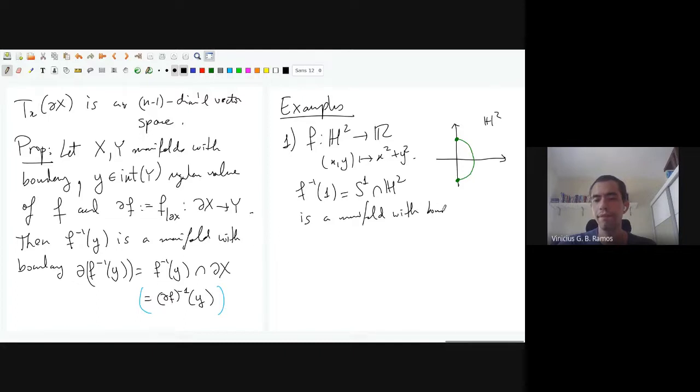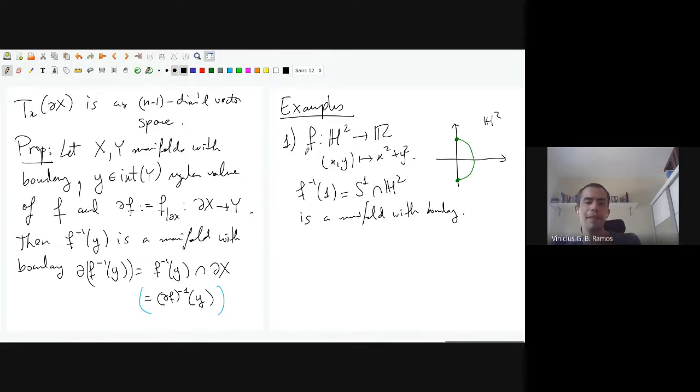Okay, so this is a manifold with boundary. So you have to check these conditions: the transversality of f, that y is a regular value for f and for the boundary of f. Basically, you have to see that 1 is a regular value of f.